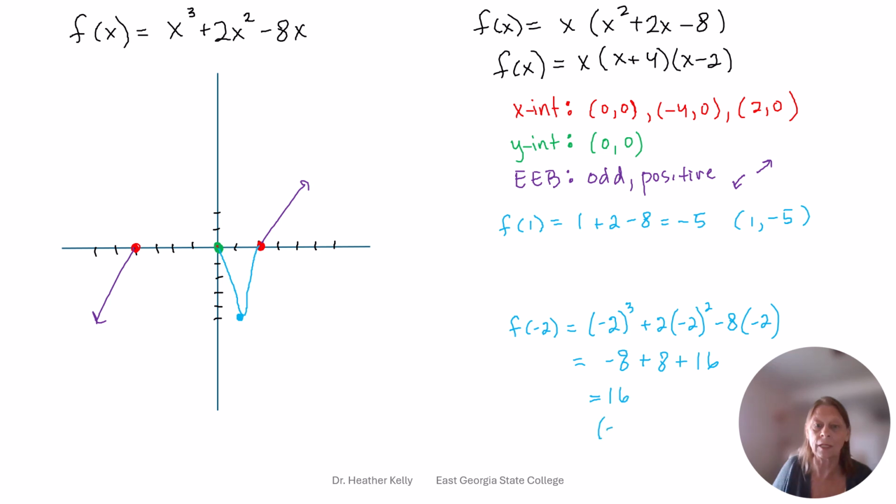So we have negative 2 and 16. So we go negative 2 all the way up here. We'll call that 16. And here we go. So I hope yours looked like this.